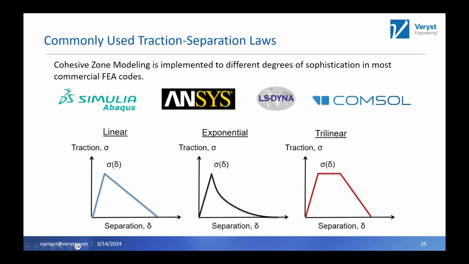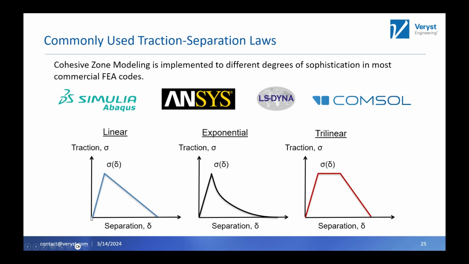The other thing that I wanted to mention before we go any further is that the way that cohesive zone models are implemented in different commercial FEA codes can limit how you analyze your materials. Of the main programs that we use, they have different levels of sophistication in how they actually input cohesive zone models.